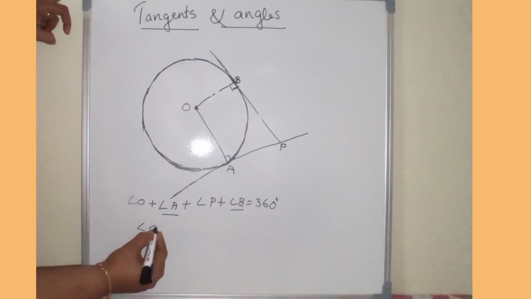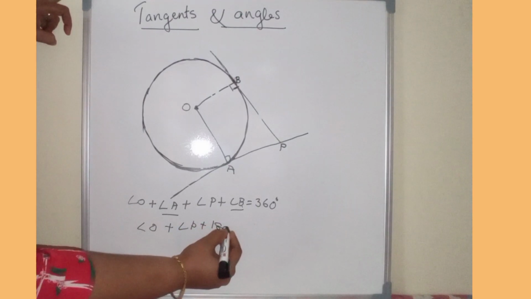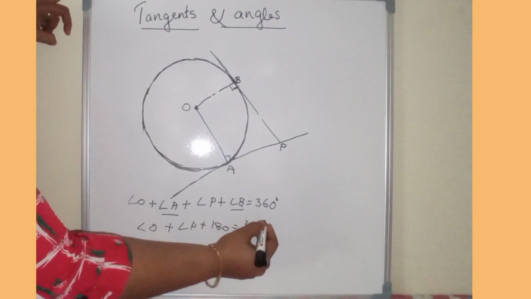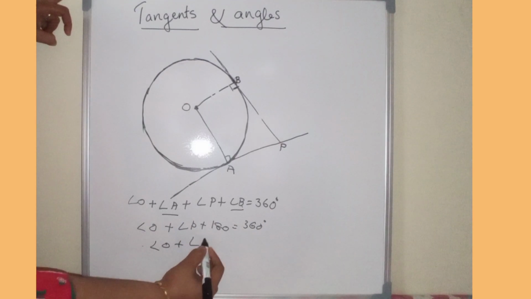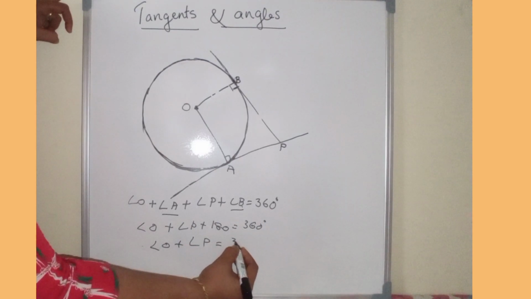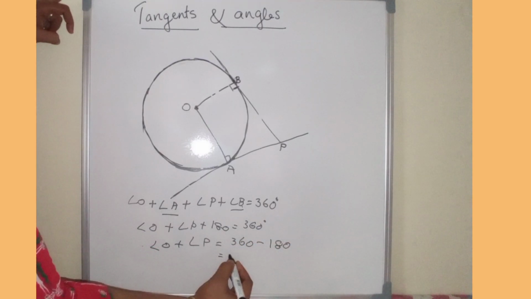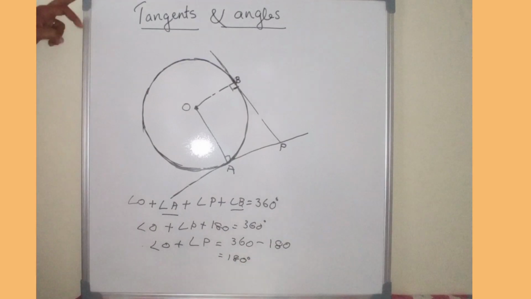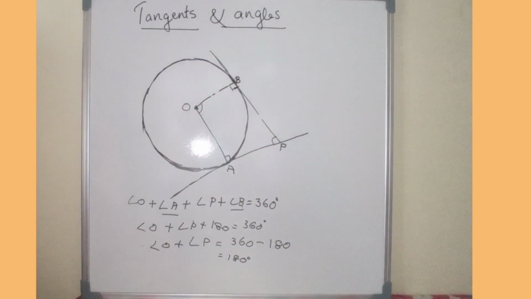So we have angle O plus angle P plus 180 is equal to 360 degrees. From this, angle O plus angle P is equal to 360 minus 180, that is equal to 180 degrees. So the sum of these two angles is equal to 180 degrees.